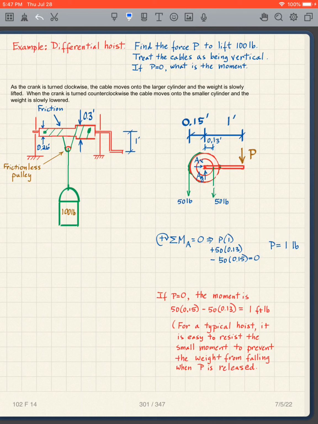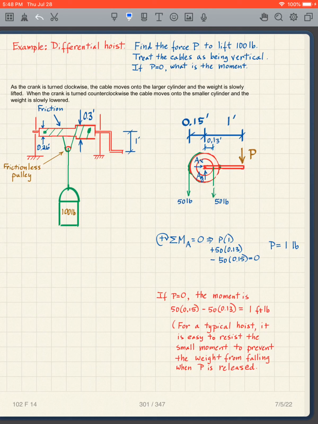Now I have to crank it a lot to get it to move up, but this little clever device will, with a very small P, lift this 100 pounds with this differential hoist.